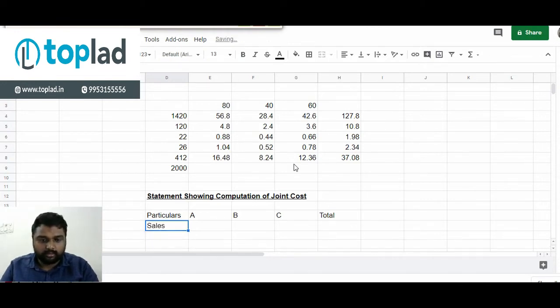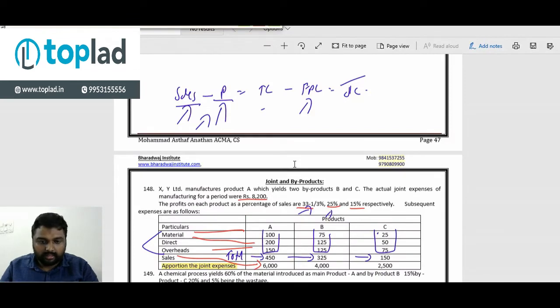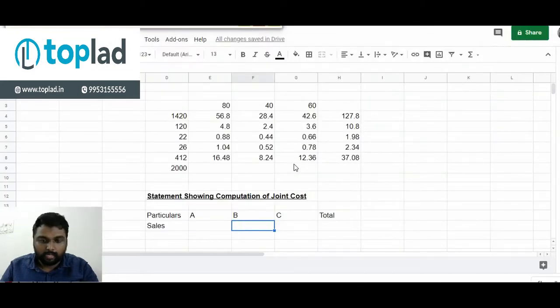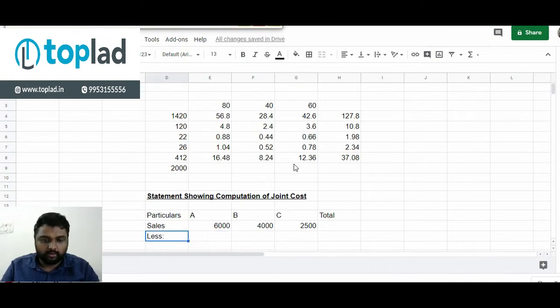Sales is 6,000, 6,000, 4,000, 2,500. Less: first, what we have to do? Less profit.